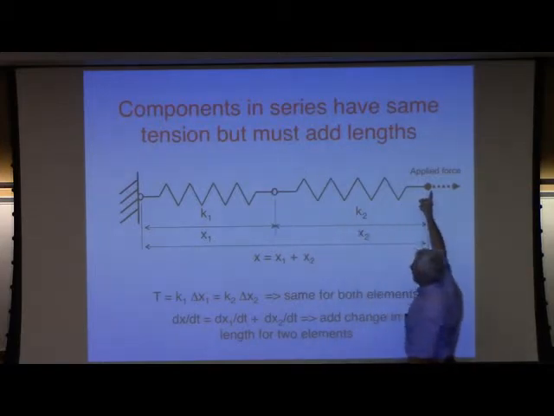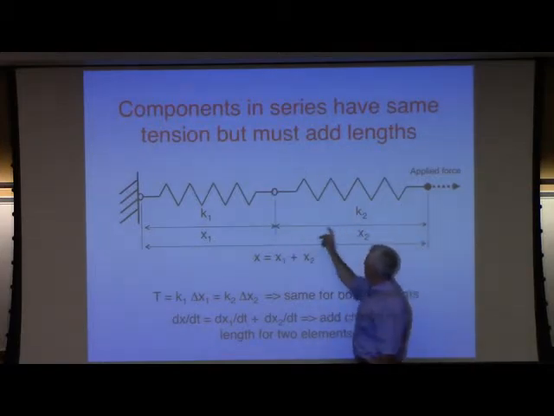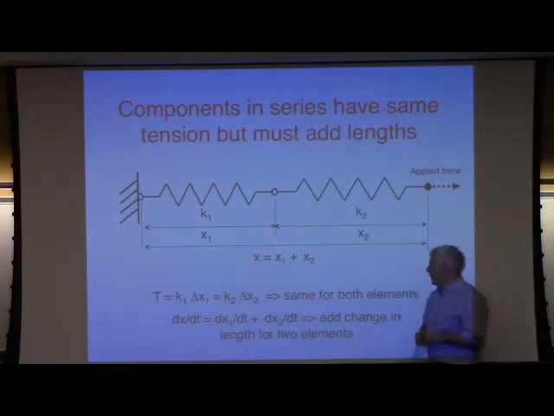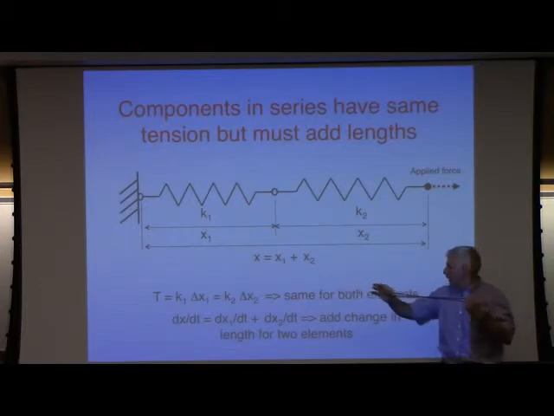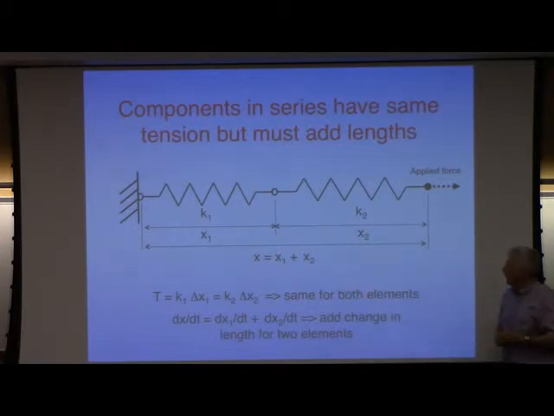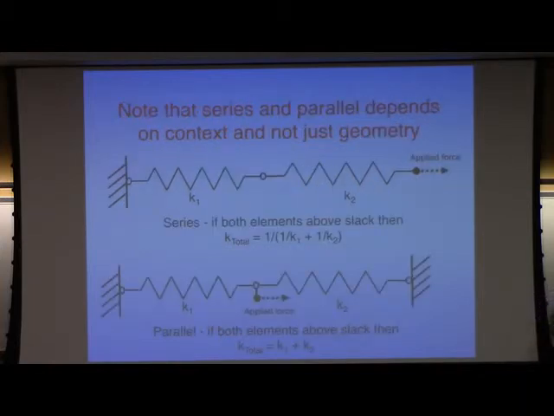The delta x here is really the delta x1 plus delta x2, so this is in series. You can compute the k as 1 over (1 over k1 plus 1 over k2).